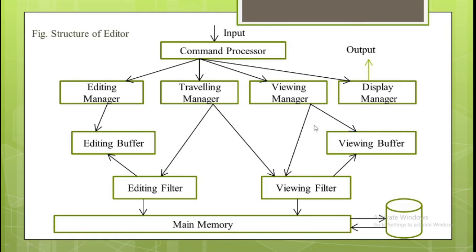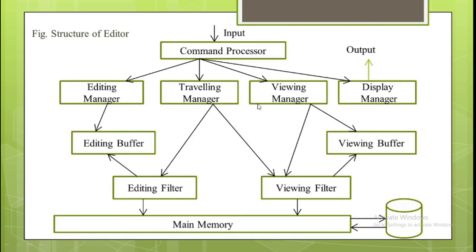Now we will see the structure of the editor. On this slide I have shown the diagram of the structure of the editor. The command processor accepts input from the user's input device and analyzes the token and syntactic structure of commands. The command processor may invoke the semantic routine directly. These routines perform functions of editing and viewing.